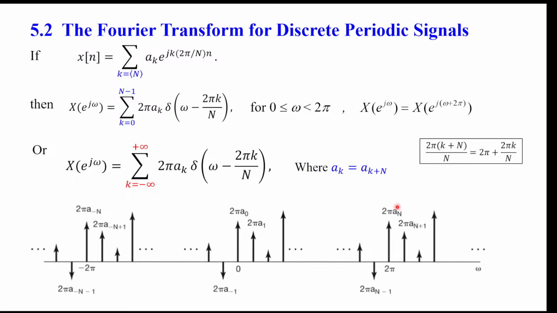So ak equal to ak plus n. And so the result will be a linear combination of impulse trains like this. Basically there will be n different ak, and they keep repeating themselves for every n slots, etc.